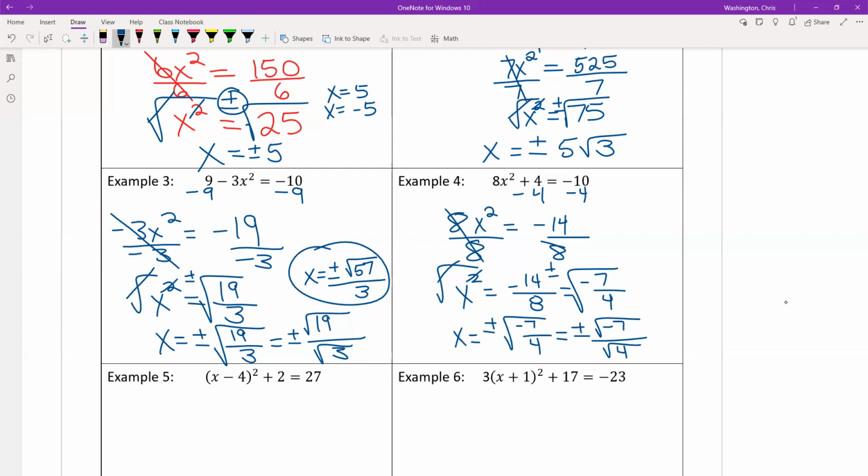But if you typed that in your calculator exactly like I just wrote on the board, there is no plus or minus button. You don't need to worry about that part. Just type in square root of negative 7 over square root of 4. Your calculator probably screamed at you like, I can't do that. So does anybody remember why your calculator will not actually calculate that today?